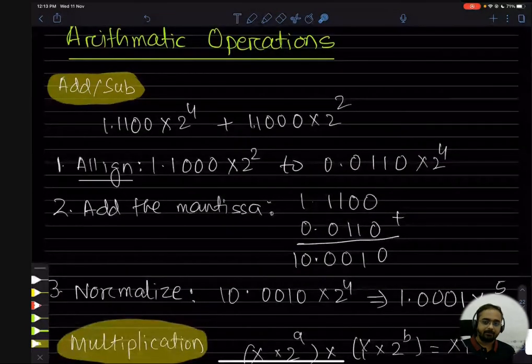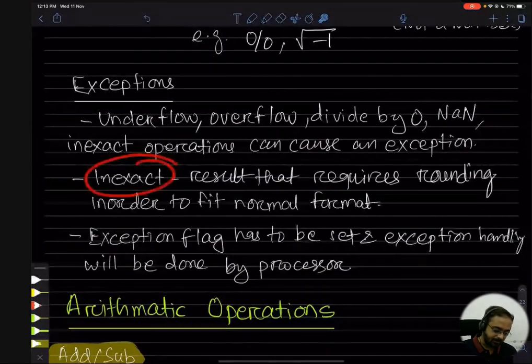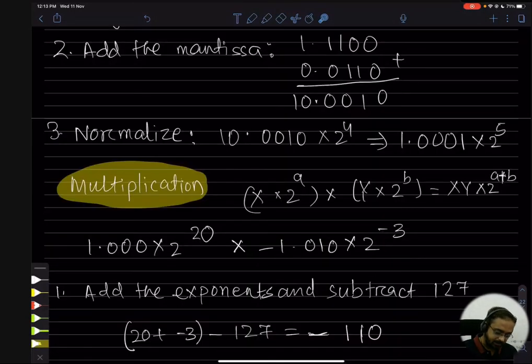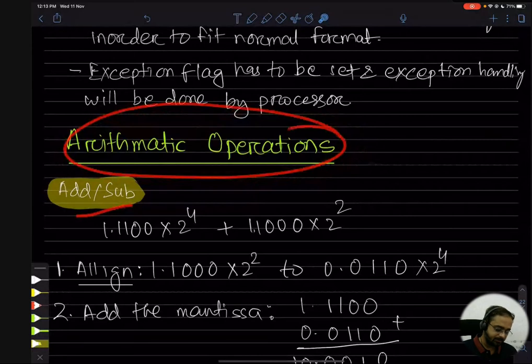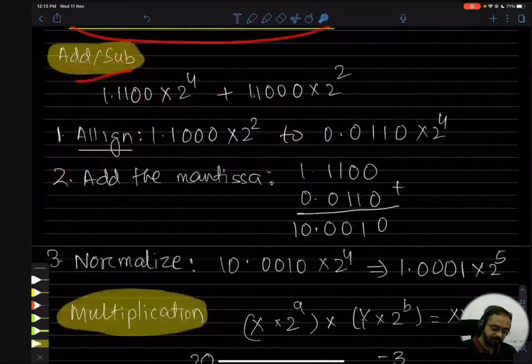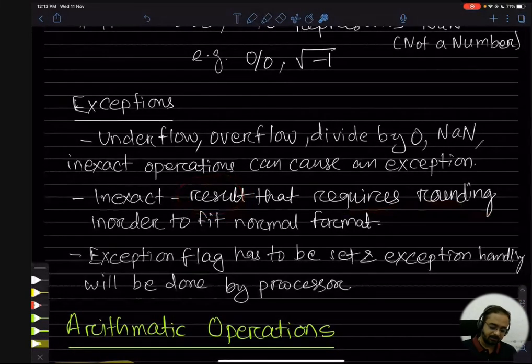Then, can we define inexact operation again? Inexact operation means, in this arithmetic operation like addition, subtraction, multiplication, division, if we get some result and that result requires a rounding operation. Rounding means what? Suppose you got one number called 0.111000101 10.